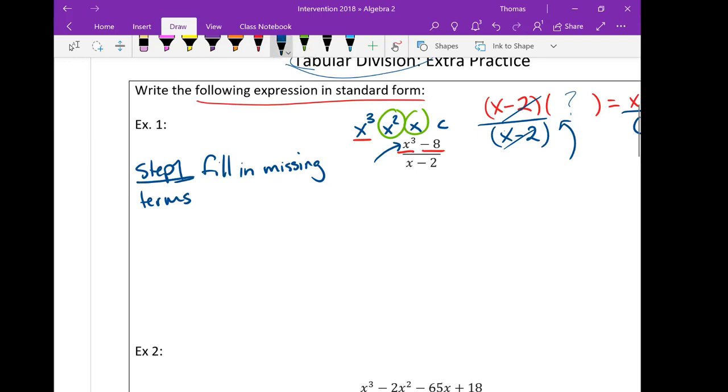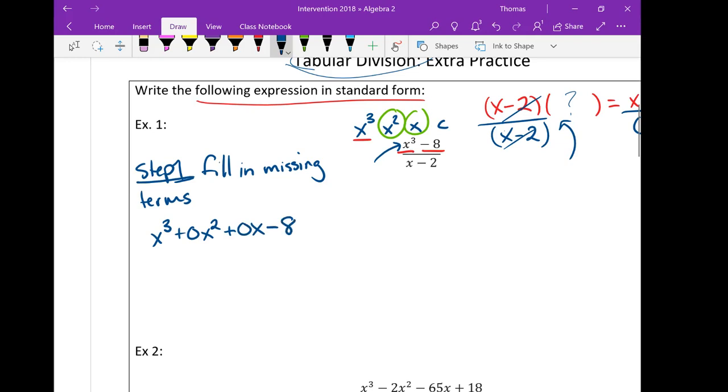So our step 1 is just rewriting the numerator and the denominator with any missing terms filled in. What that would look like for this problem is x to the third, that's our highest power. We're missing an x squared term, so I'm going to fill in a 0x squared term. We know there's not any x squareds there, but we want to have all the parts when we go to fill in our table. And then next, we're also missing an x term, so I'll fill in a 0x. And then we do have a constant term, negative 8.